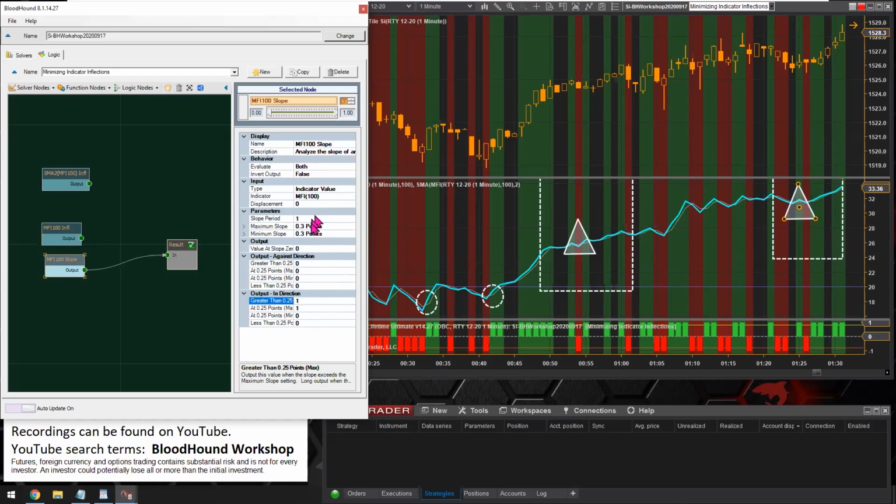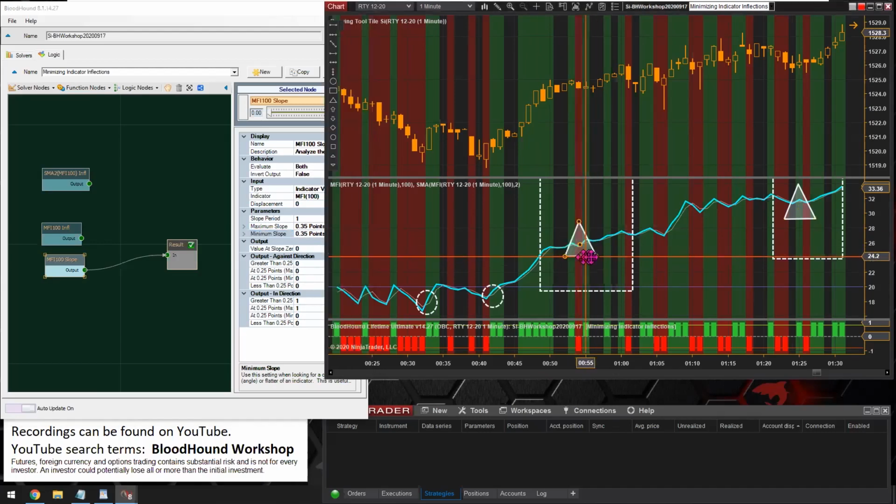Let's see. All right, need to go a little higher, so I'm just going to slowly increment the maximum and minimum slope here until I get rid of my slope outputs where these triangles are.